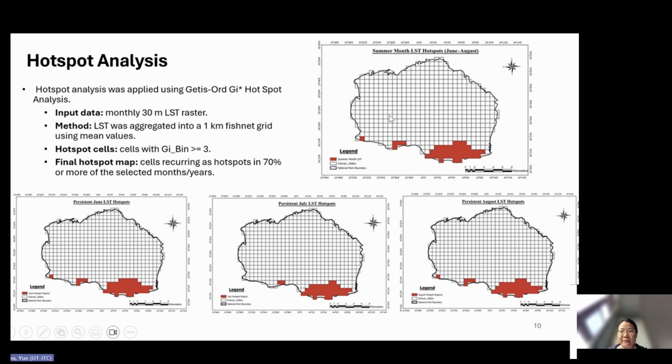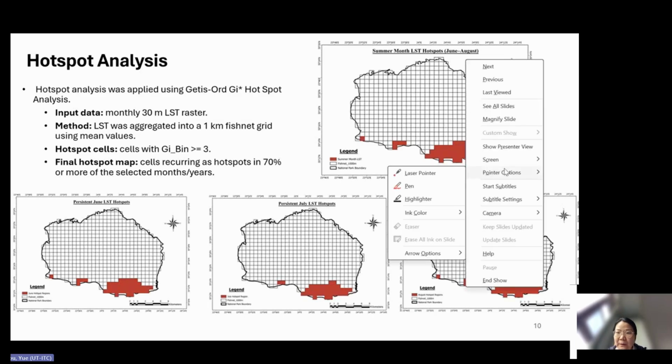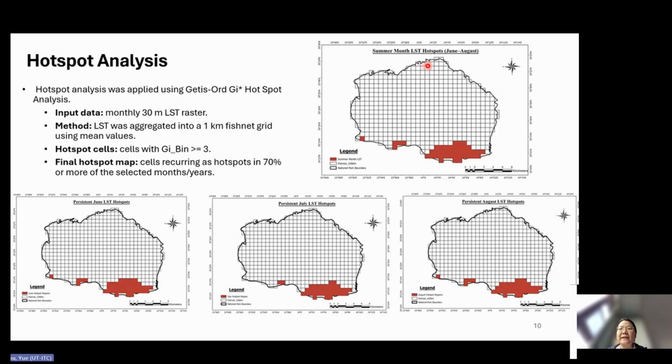You can see that, if you remember, these areas are mostly grassland in the land system map, with some trees, so a mosaic area. So this is the summer months from June to August, and the three maps below are from June, July, and August.